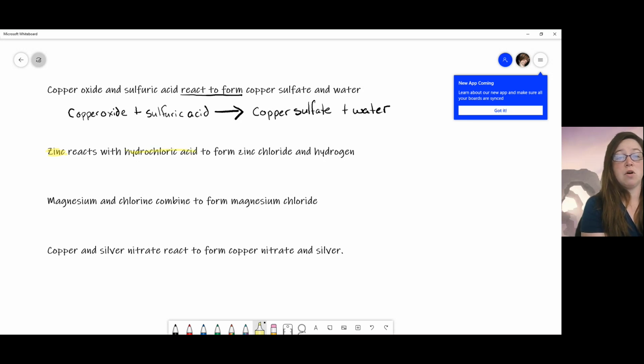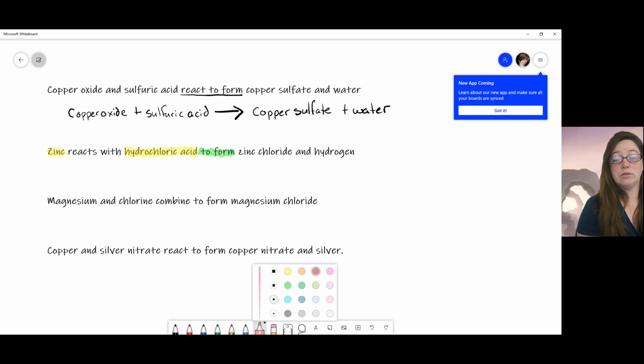That means those are reacting together, so hydrochloric acid is my other reactant. Then I see the "to form." That's where that arrow is going to go. Sometimes "to form" will be by itself, or it'll be with a verb like reacts, combines, or react to form.